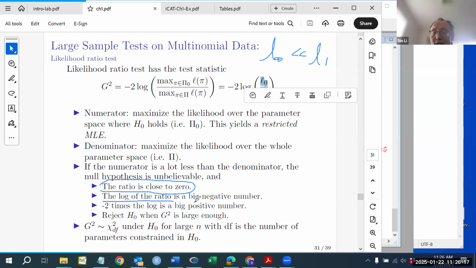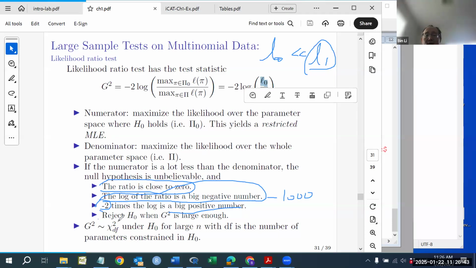So the log of the ratio will be a very large negative number. Is that right? Like negative 1,000. Because the L1 is much bigger than L0. Okay? And then if you take the negative 2 times this value, then it will be a very large positive value.